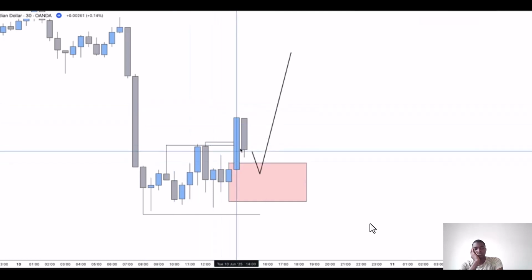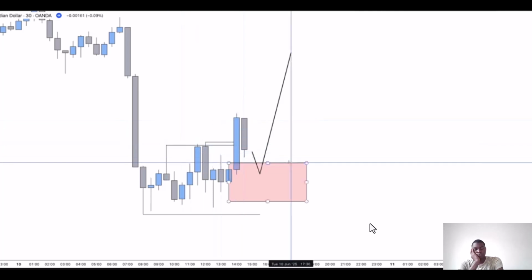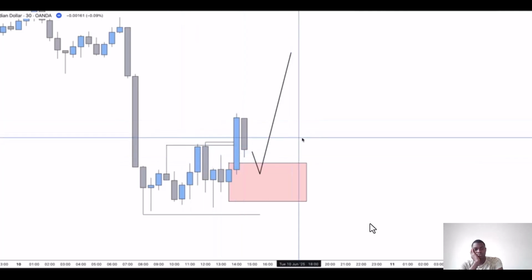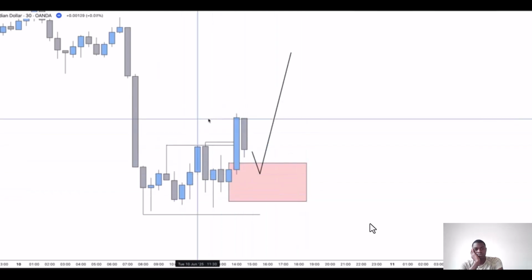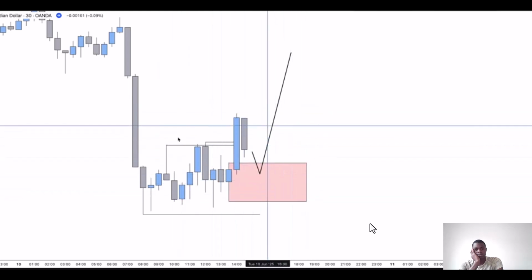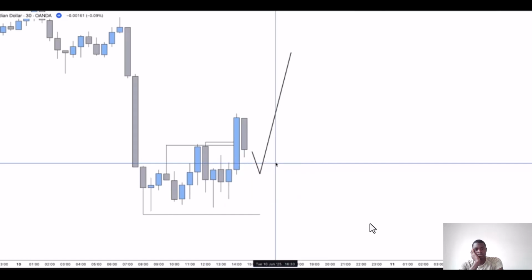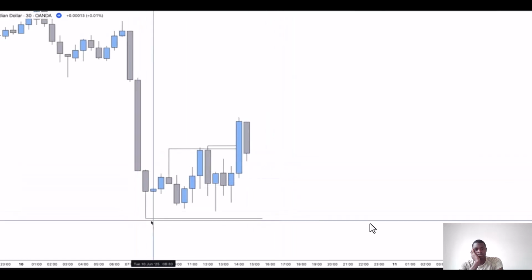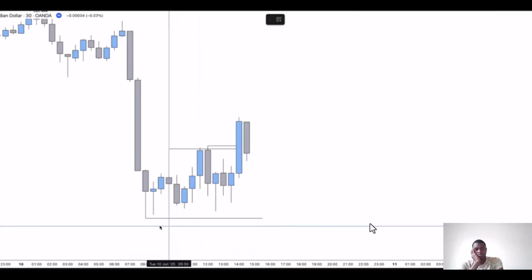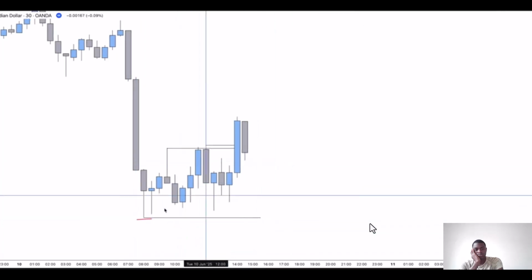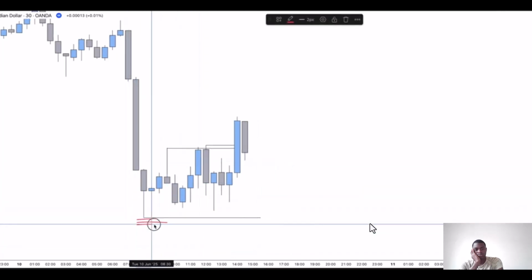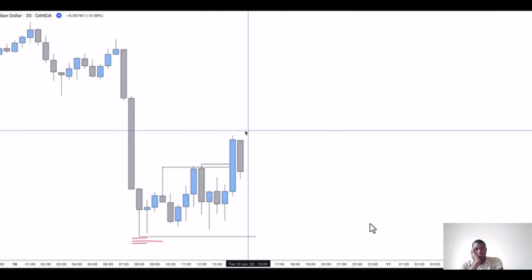Okay, you can see that there is on the surface a break of structure here over this high and over this high. Now, the problem with this is there is actually no clear break of structure here. Although it looks like there is, it's a bit of an illusion. Because if we look at the low that's been printed by price, which has taken place down here, we can now see that realistically everything that happens above this low is just internal structure.